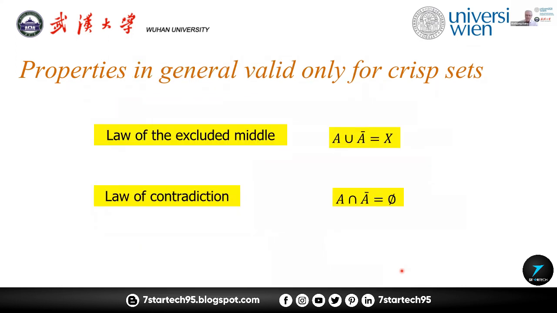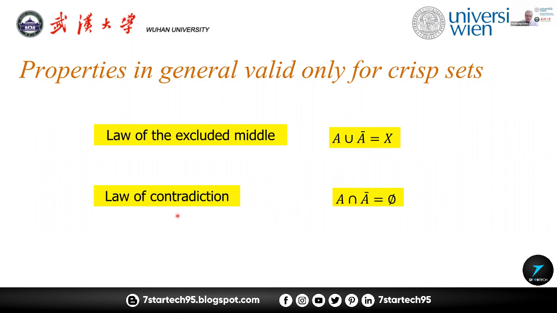These two here, the so-called law of the excluded middle and the law of contradiction, are only valid for crisp or classical sets. The law of the excluded middle says A union complement of A is the universe. So if you take a set and its complement and take the union of these two, of course, you get the whole universe.